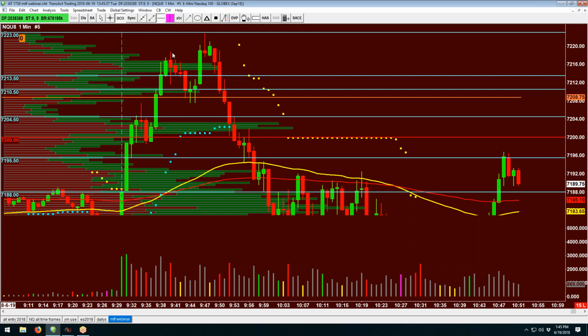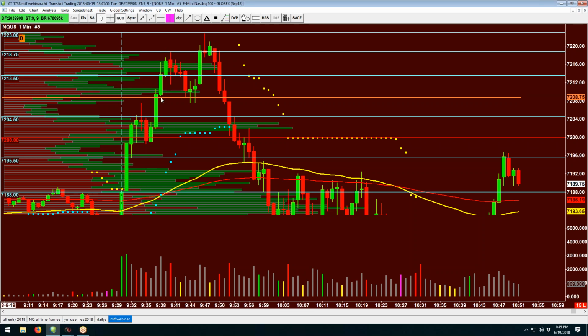And then I would add one up in this area as well, where we have this tail and it kind of got stuck up there. That would be my additional area of support and resistance. Like I said, I can go ahead and get rid of this 1050 line since it's so close to yesterday's low.